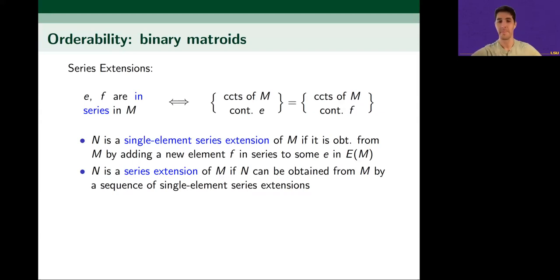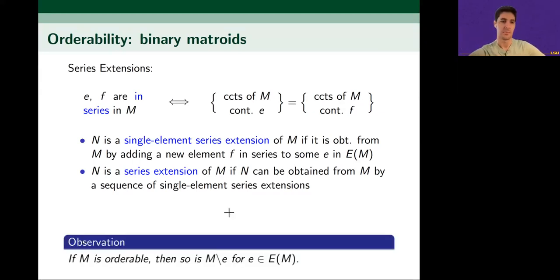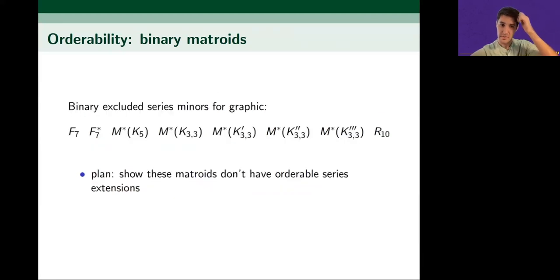So given the relative tractability of working with series extensions, combined with this observation right here, which is nothing more than if you can order a collection of circuits, you can certainly order a subset of those circuits, so you're closed under deletion, putting those two things together gives us the strategy here.